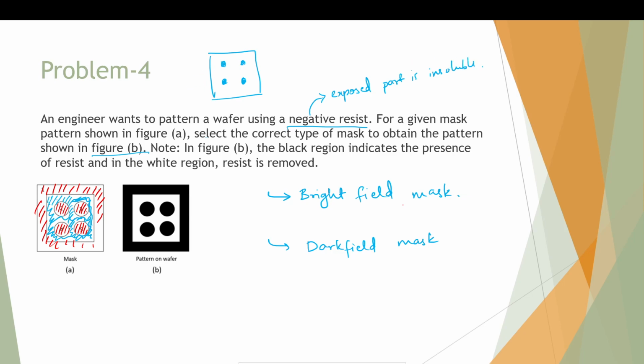But I want the circles to stay there, right? So the circles should be exposed. If circles have to be exposed, then the blue region should be opaque. So the blue region should have chrome in it. Chrome is the opaque portion. Is that okay?